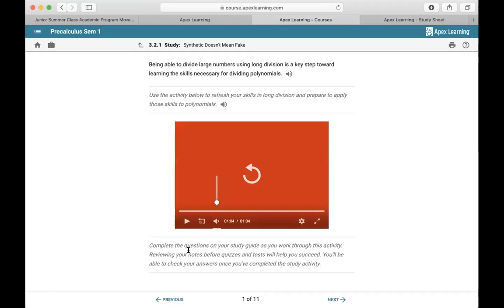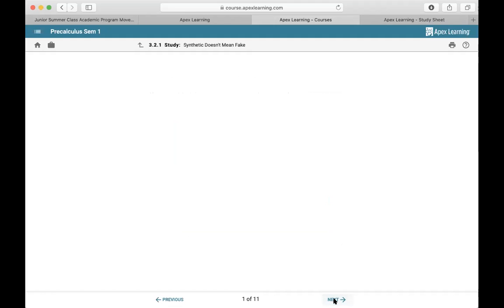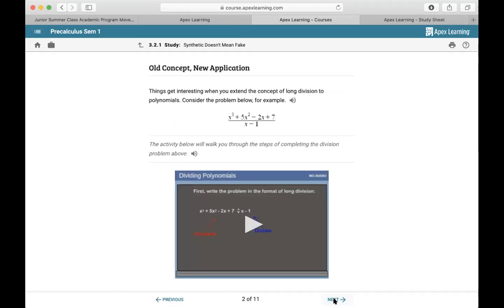Okay, and we could even go a step further if we actually needed to, and that's when you would get into your decimal places. But if we were saying the answer to this, 1756 divided by 23 gives us 76 with a remainder of 8. Okay, and again, this is going to be important because it's going to help us figure out how to divide polynomials using this kind of shortcut method here.